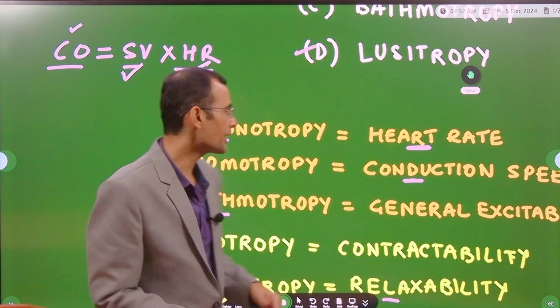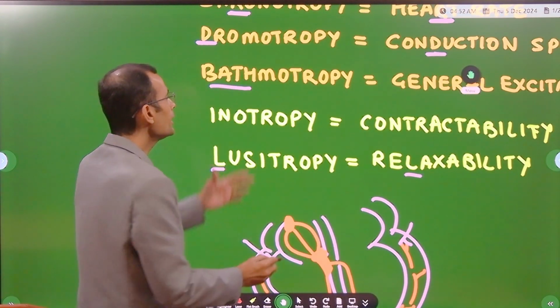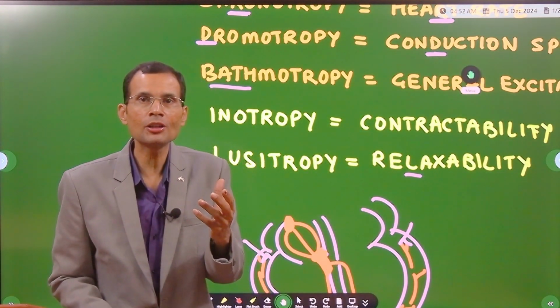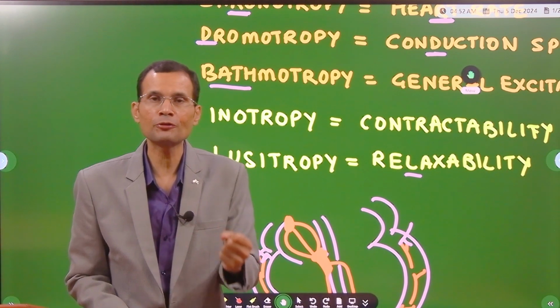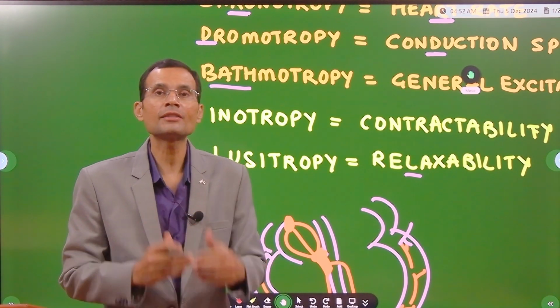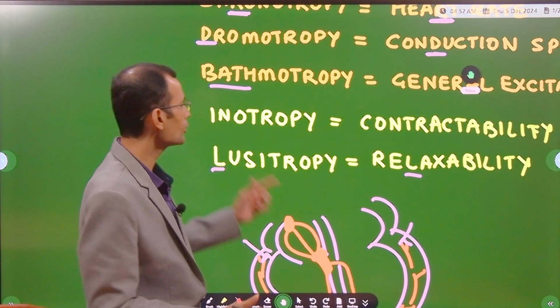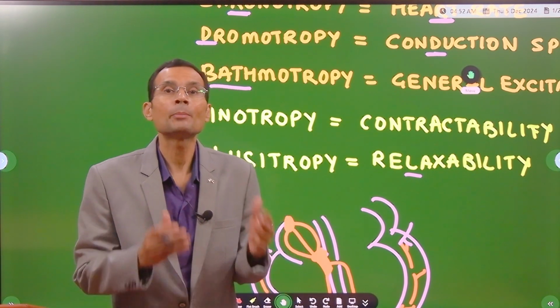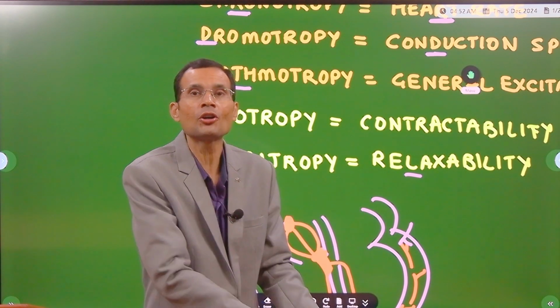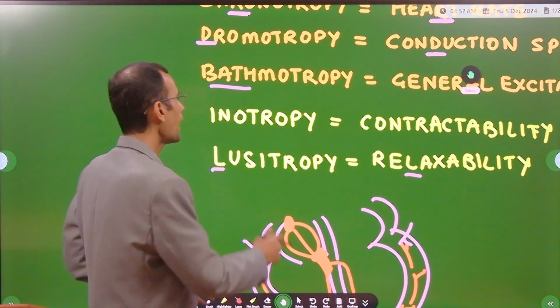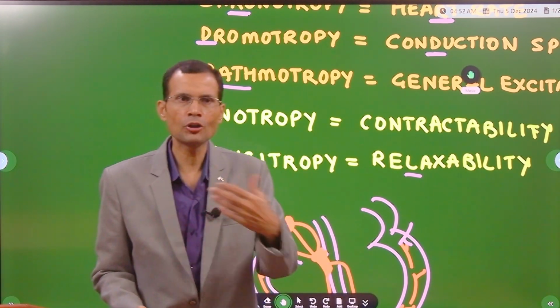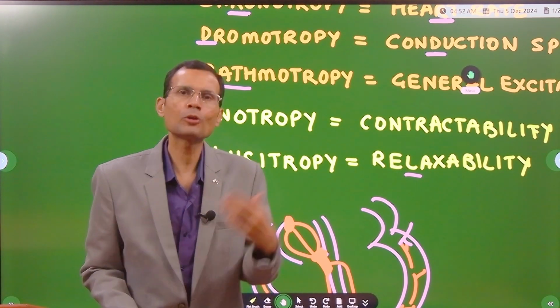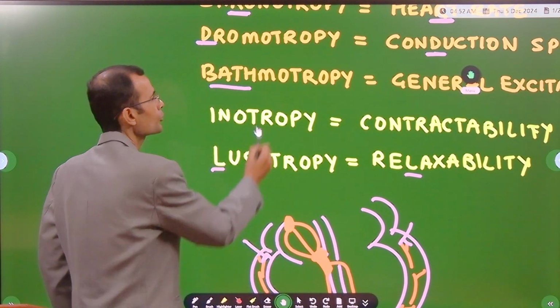Vagus does not have any direct influence on inotropy, ventricular contractility or strength of contraction, because vagal innervation is not there in the ventricles, and therefore since it does not influence the contractility, it also does not influence relaxability or lusitropy.